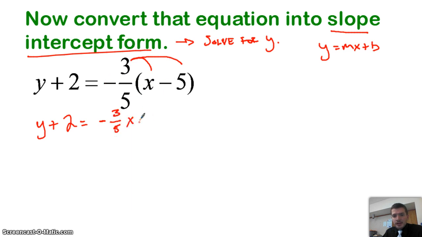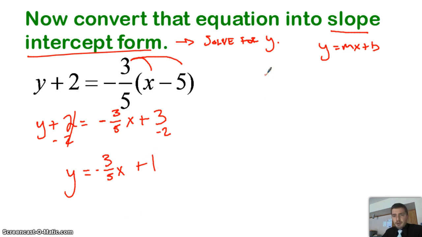And then negative times a negative is a positive here. 3 times 5 is 15. 15 divided by 5 is 3. So this one is just going to be plus 3. And the last step is just to get the y by itself. So I'm going to subtract 2 from both sides. And it'll be y equals negative 3 over 5x plus 1.